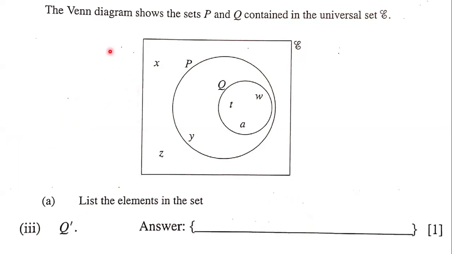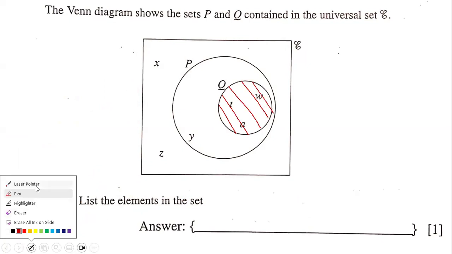Next, the question states, list the elements in the set Q complement. Q complement means that we want all of the elements in the universal set except for the elements that are inside Q, which means that we do not include any of the elements that are inside Q, but all of the other elements in the universal set we include.